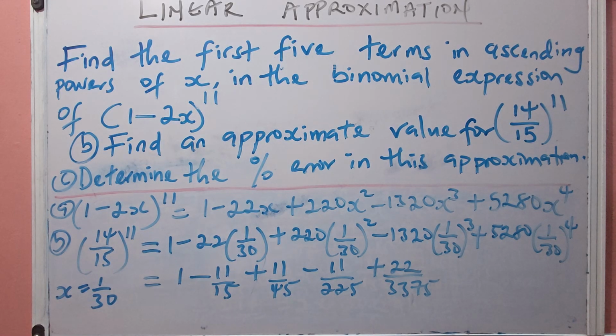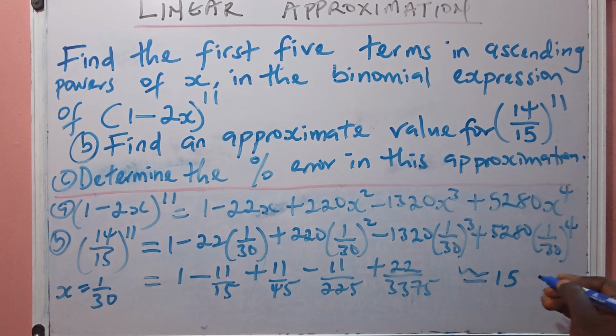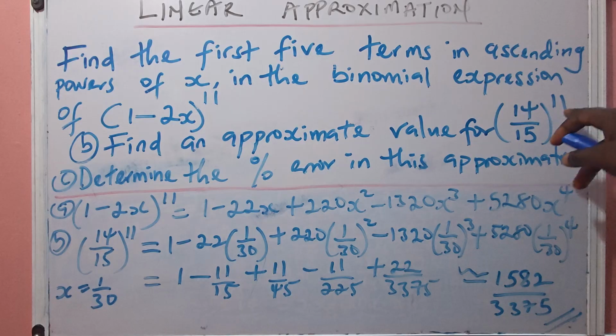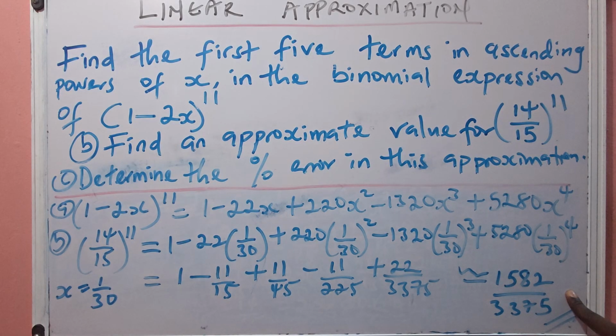So this will give you an approximate value of 1582 over 3375. So this is the approximate value for 14 over 15 raised to power 11. This is it right here. All right. Good.